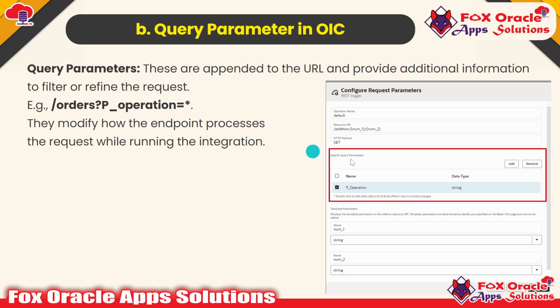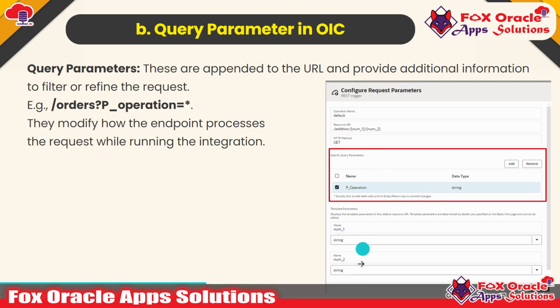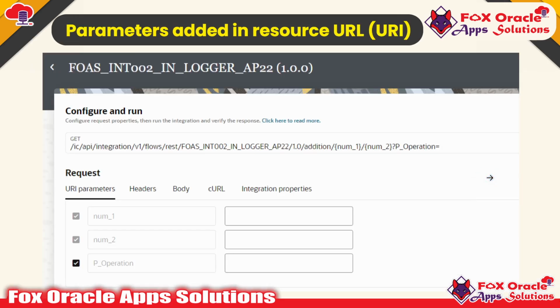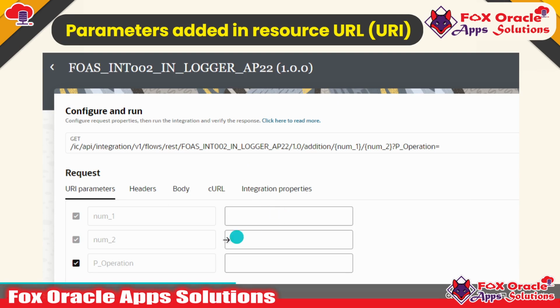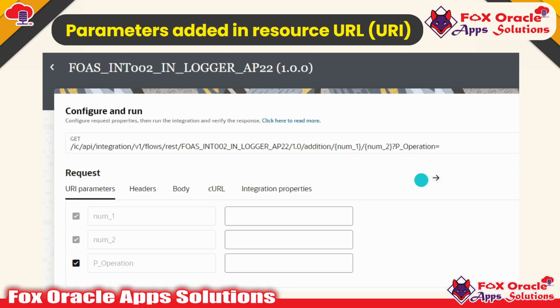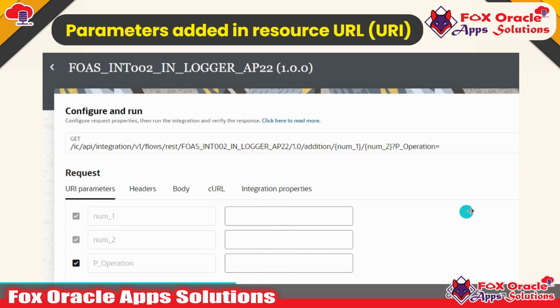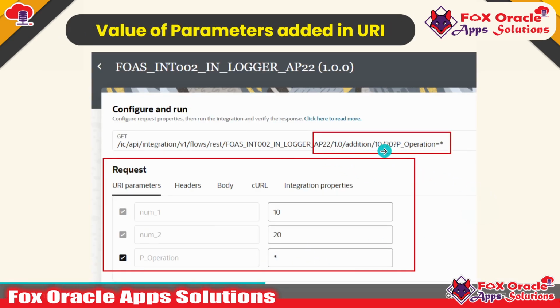And I told you I will show you a screenshot, and then we will go for the practical and see how we can add all these things. When you add these, all these parameters will be available in OIC in your mapper. This is the same as what we discussed: these parameters are reflected in that resource URI, and once we provide any value in these parameters, that value is reflected in the URL.